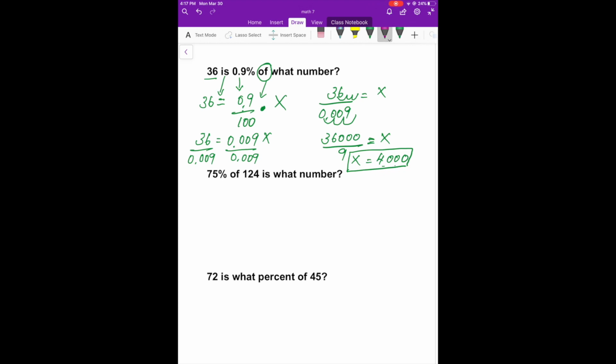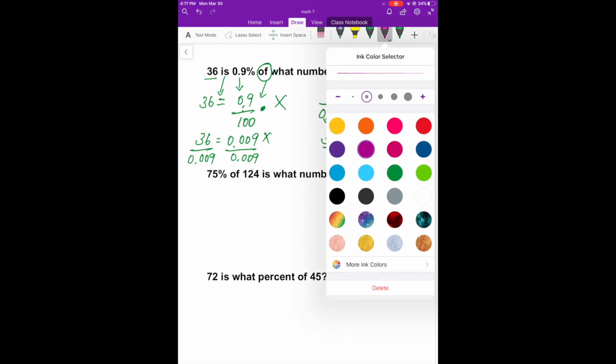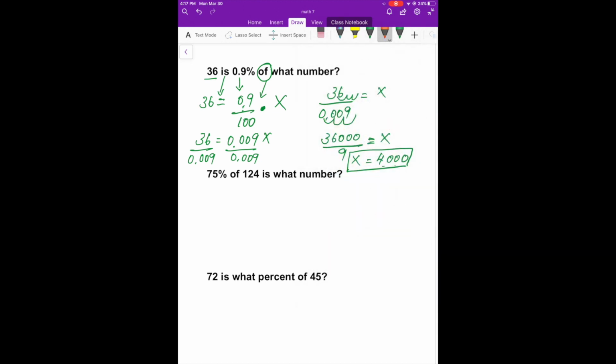Now let's look at the next problem, which is 75% of 124 is what number? That's a mental math problem because you already know 100% of 124 is 124.